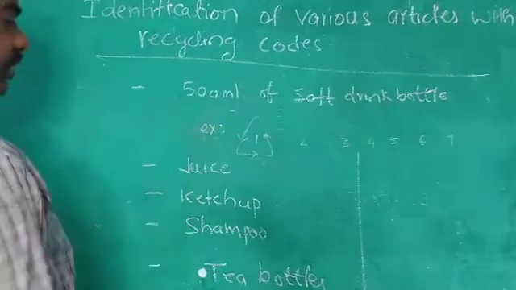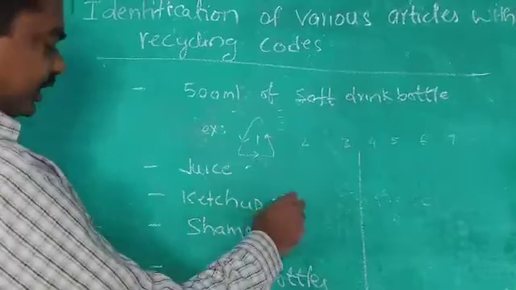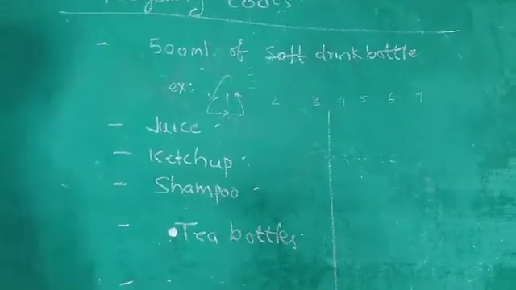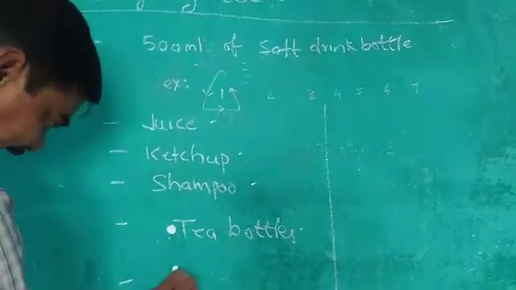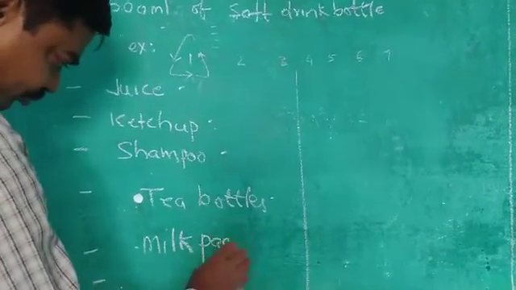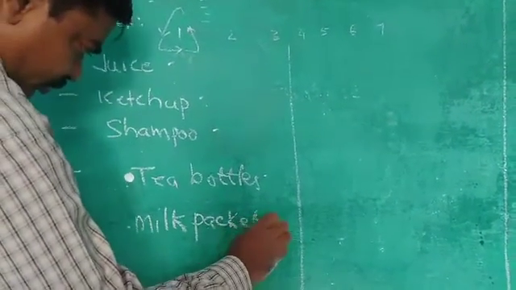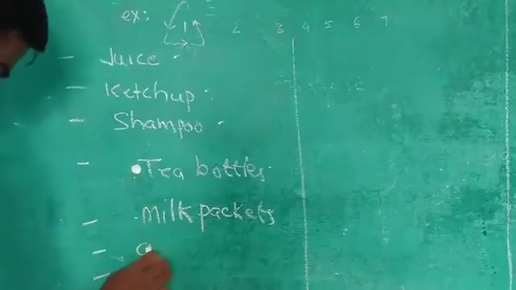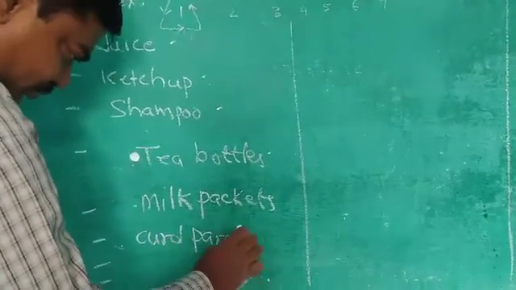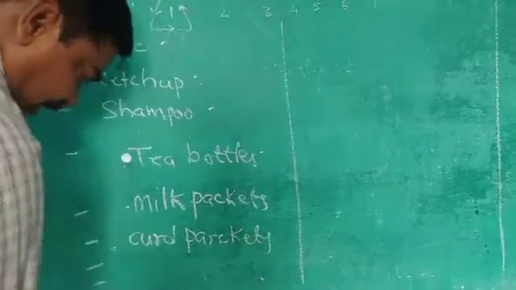What is the information then? Juice, ketchup, shampoos, tea bottles, plastic milk packets, curd packets, oil packets.